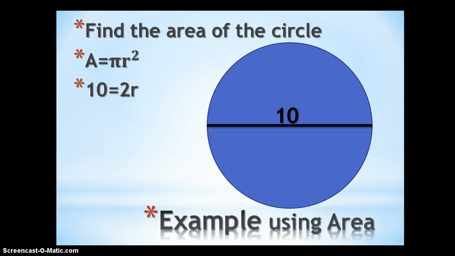So let's recall the area formula. Area equals pi r squared. And again, we just discussed that the diameter is actually 2 radius. So the radius is 5 in this case because a radius goes from the center outward. And then plug it into the formula. We'll get area equals 5 squared times pi, and that calculates out to be 25 pi.